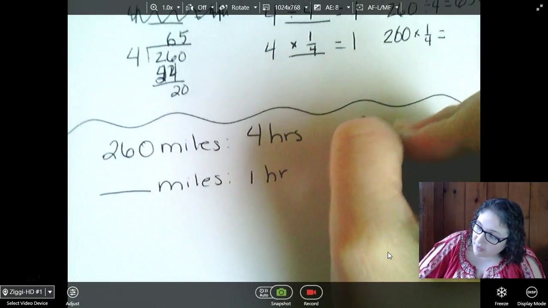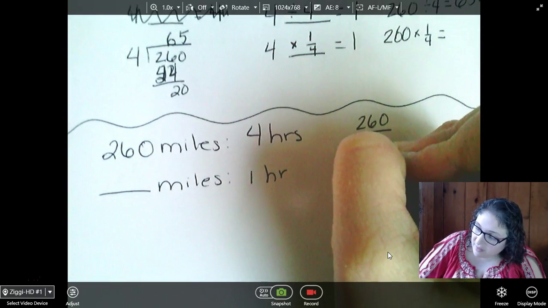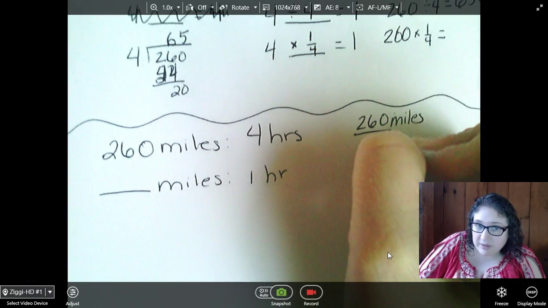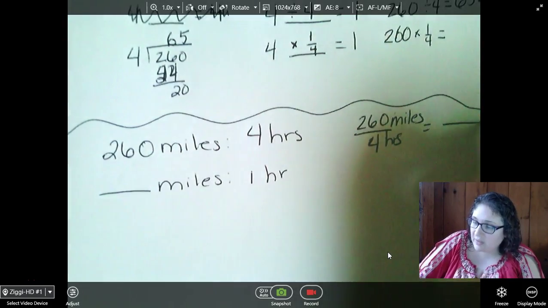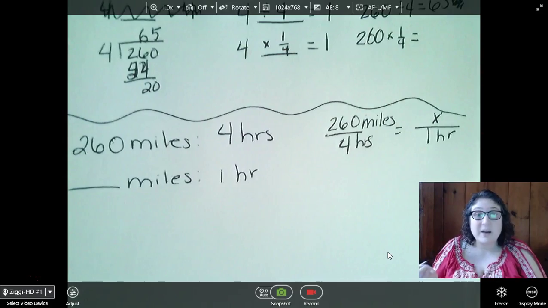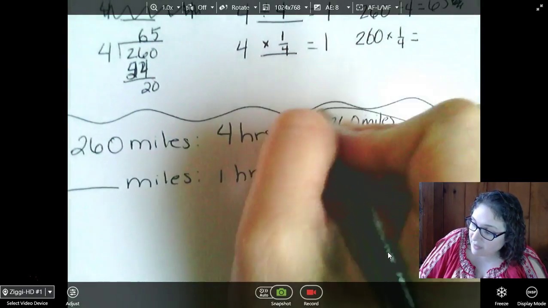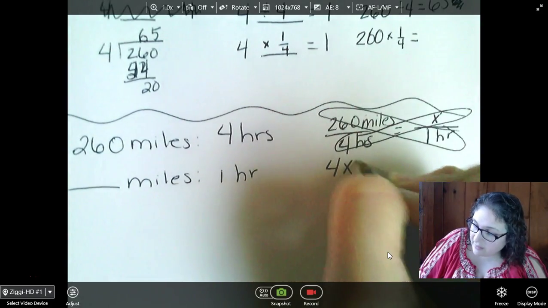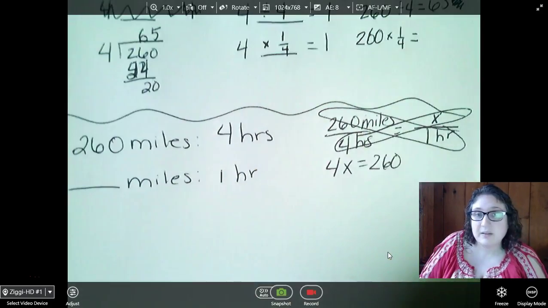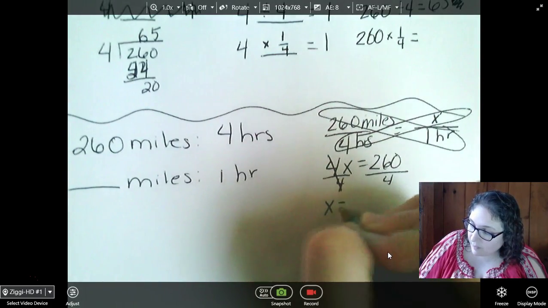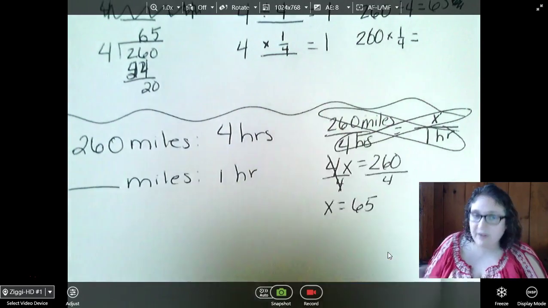So here's our 260 over 4 hours equals how many miles over 1 hour. Now we just set up the proportion and we cross multiply. 4x equals 260. Divide both sides by 4. And then we get our 65 again.